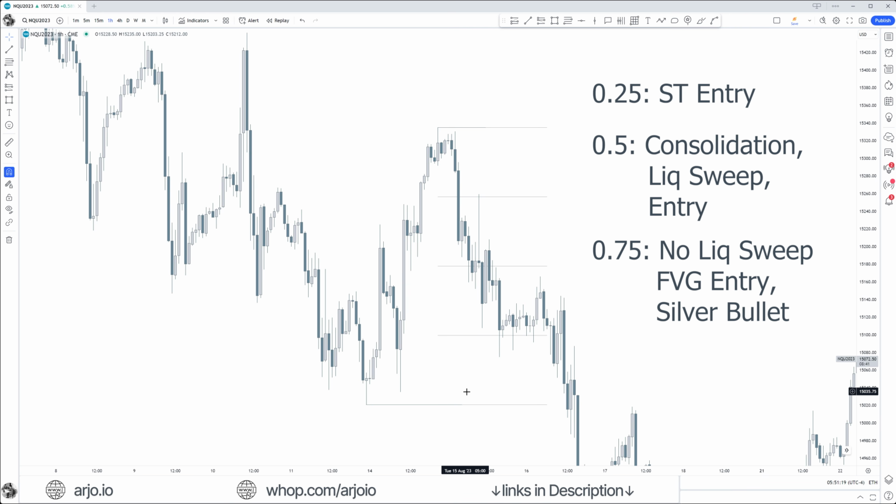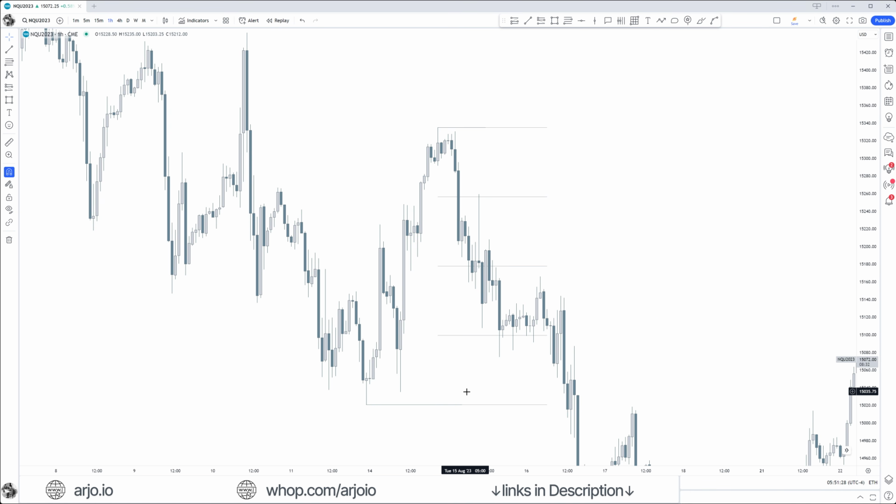That is exactly what we talk about in the fair value gap video, where if we are close to the drawn liquidity, you would not expect a huge retracement and you could only expect just a sting into a fair value gap. That is usually what happens at the 0.25 level and the 0.75 level. At those two levels is where you could see just a sting into a fair value gap. And the 0.75 level is where the silver bullet entry happens.